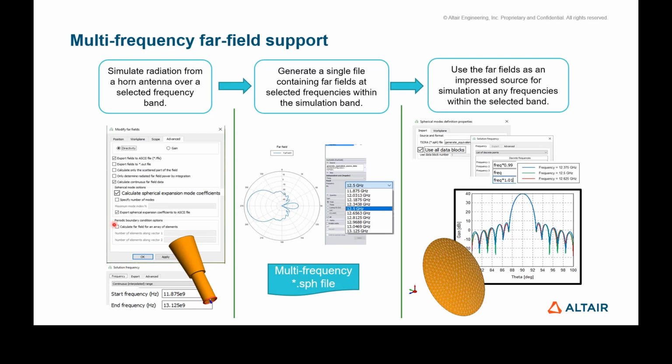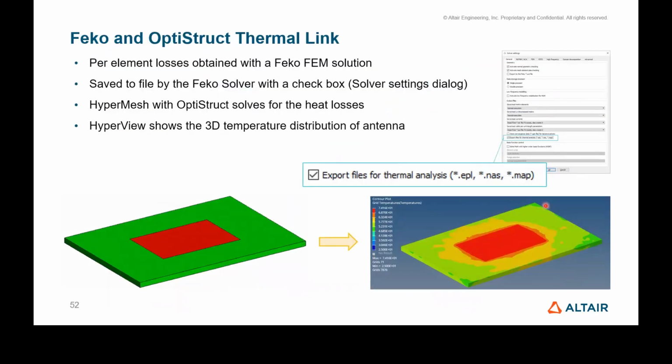So let's say you export the far field of this horn antenna to a spherical mode file. And in the other project where you are computing using the spherical mode, you can choose any frequency. It doesn't need to be the frequency that you have computed here, and Feko will interpolate between those. So this can be a very useful utility for users, I guess.